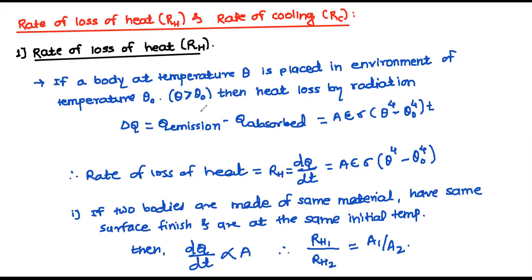First try to understand this part, rate of loss of heat. dQ by dt is A epsilon sigma theta power 4 minus theta naught power 4. Theta is the temperature of the body. Theta naught is the temperature of the surrounding or environment. Note this down. Okay, next.